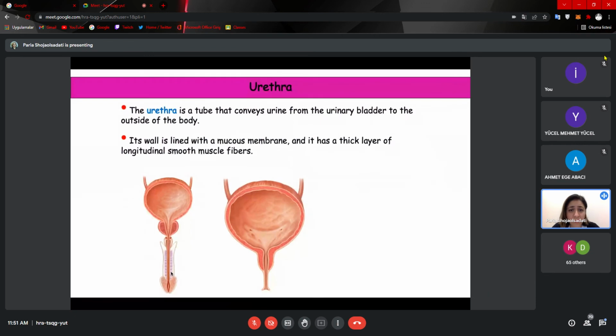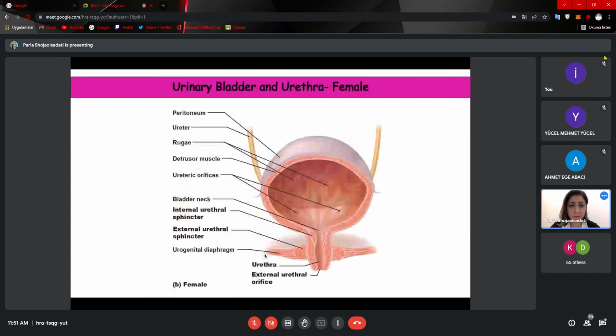The internal mucosa of the urethra continues with the internal mucosa of the bladder, and this makes a complicated condition in the case of urinary tract infection. You can see the structure there.